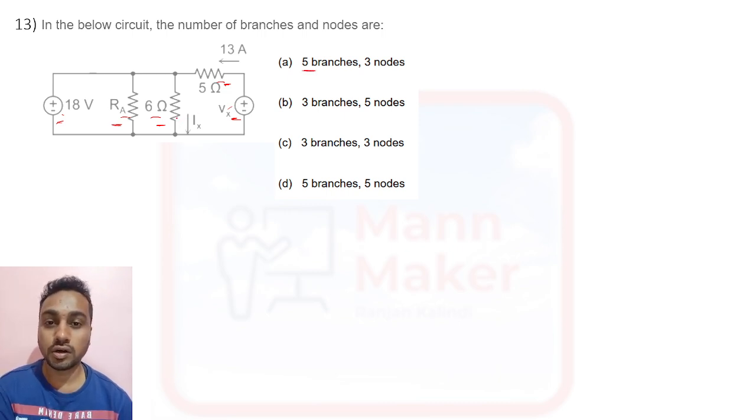A node is where two or more elements are connected. If you see, this voltage and this resistance are connected here, so this is one node. Here this resistance and this resistance are connected, so this is another node. And here this voltage and this resistance are connected, so this is another node. So this much nodes, three nodes. Option A is the right answer. 5 branches and 3 nodes.